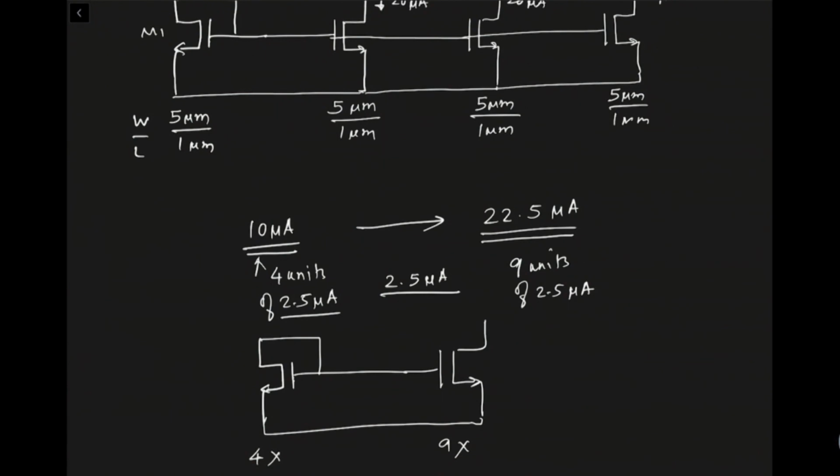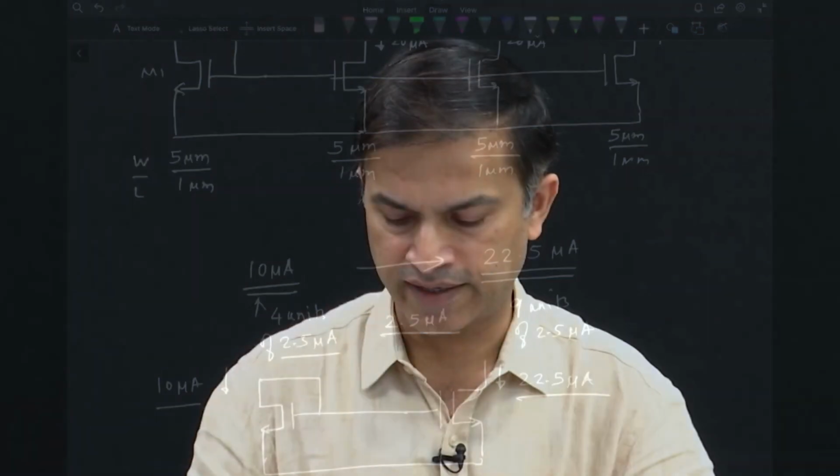So then if there is 10 microamps of current flowing here, then it would be exactly replicated to 22.5 microamps. Okay, so this particular concept you really need to internalize if you are planning to be an analog designer, and you need to really learn how to match transistors. So this is like a 101 in matching in terms of unit cells.